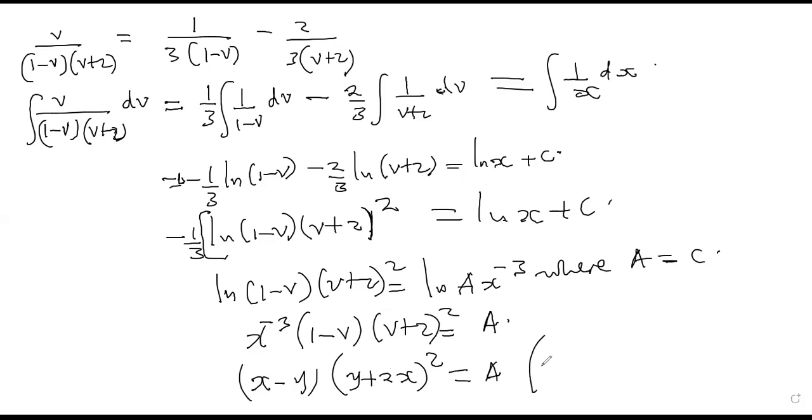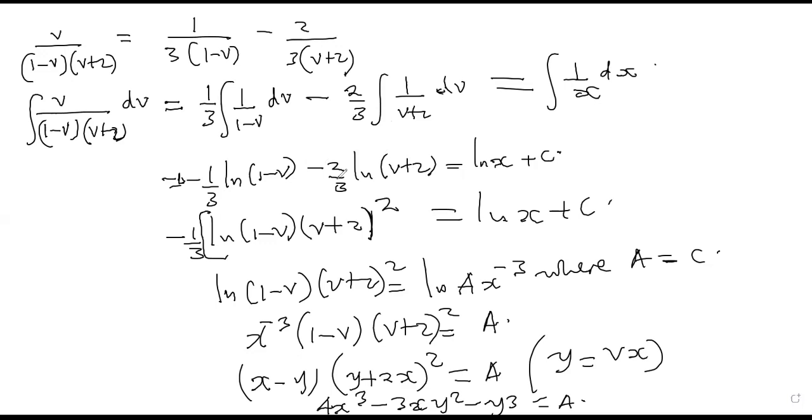That is why you have to substitute your y as vx. So from here you can simplify the thing your own way. So when you expand this, you come up with 4x cubed minus 3xy squared minus y cubed is equal to a. And that would be my final answer.